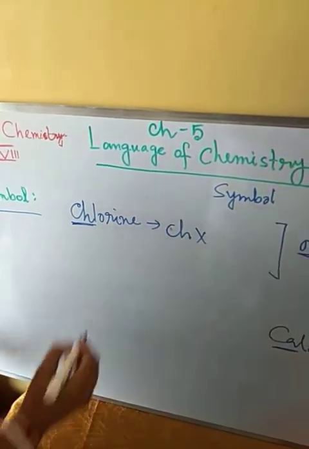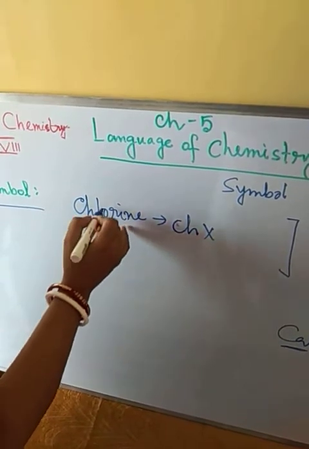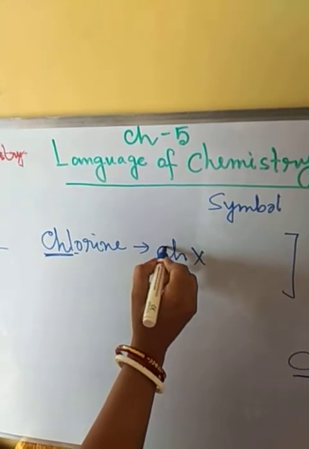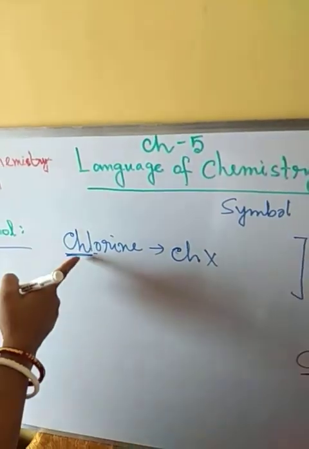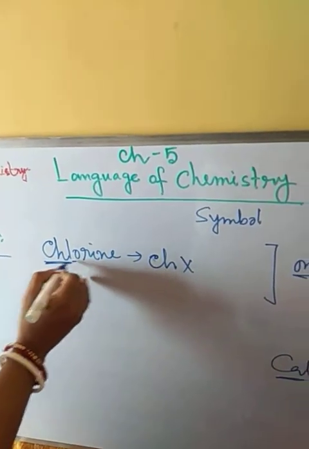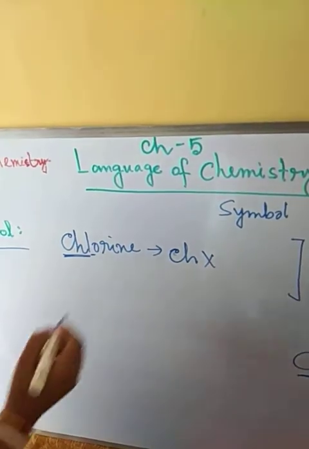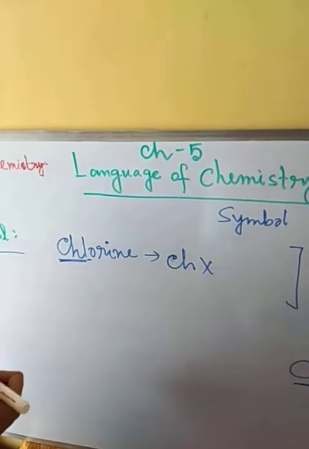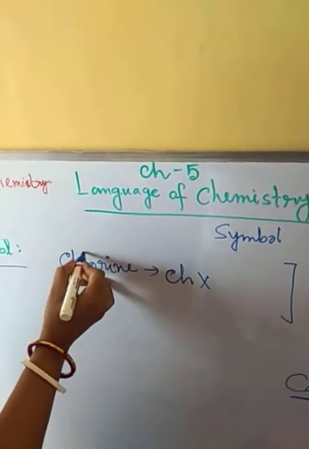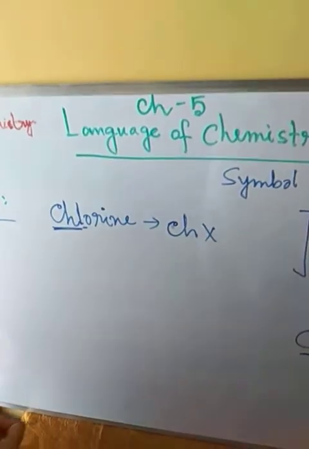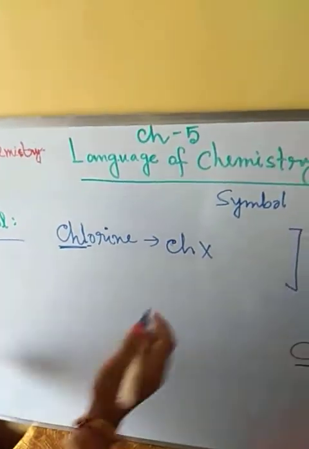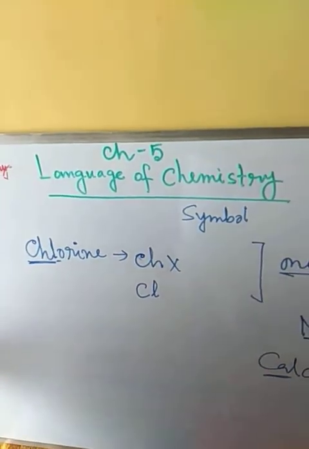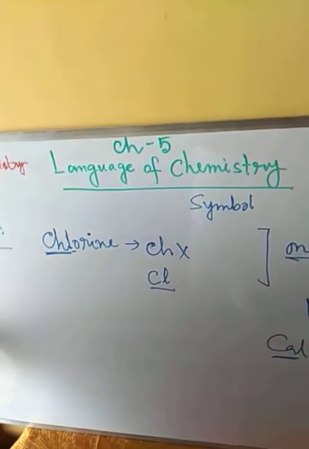No. Here instead of H we will be taking the letter L, as when we utter the word chlorine, L has a more prominent sound. It comes after carbon, and we are putting more stress on the letter L. So the chlorine symbol will be Cl, capital C and small l. This is the symbol for chlorine.